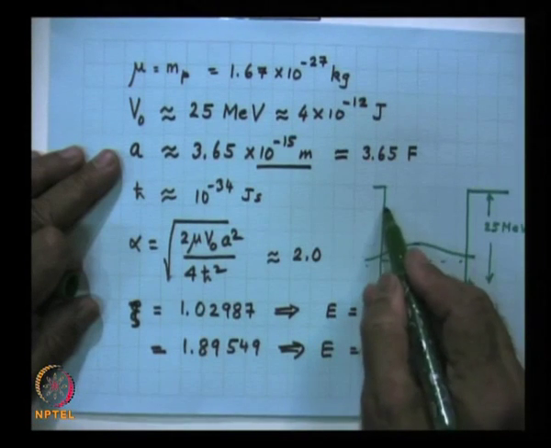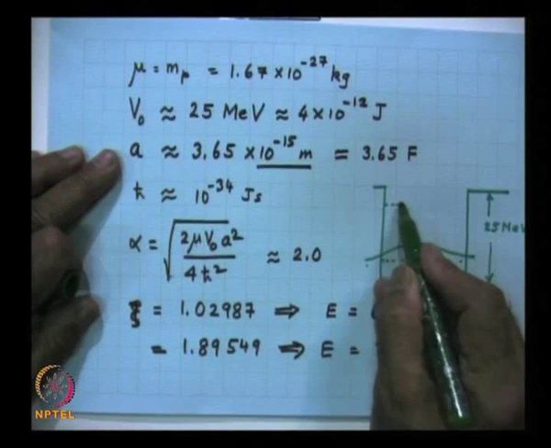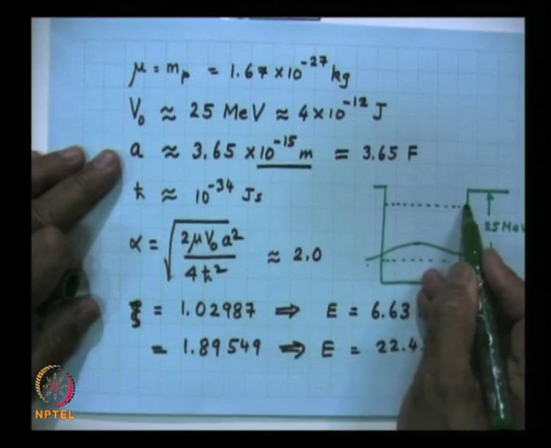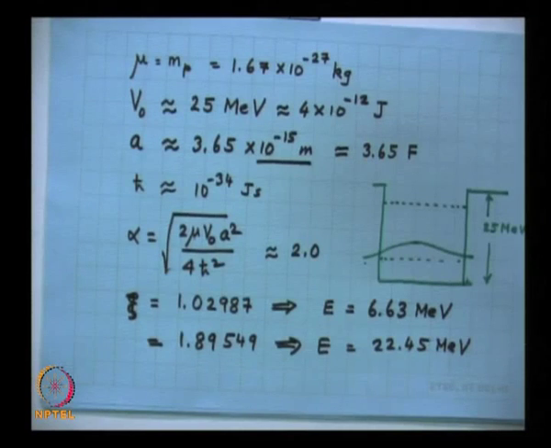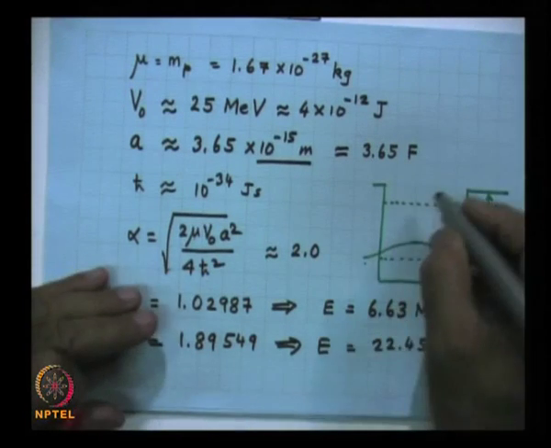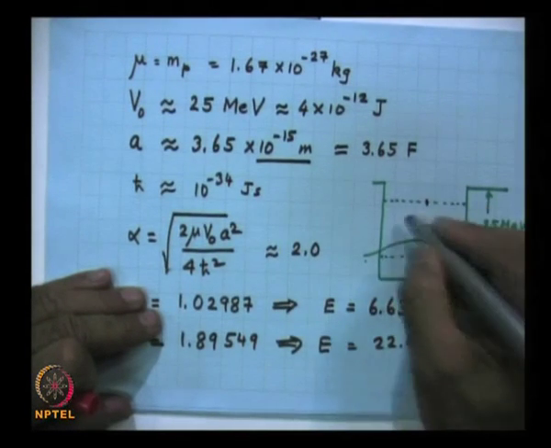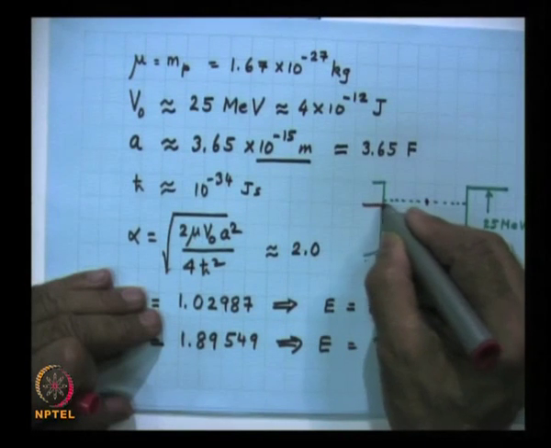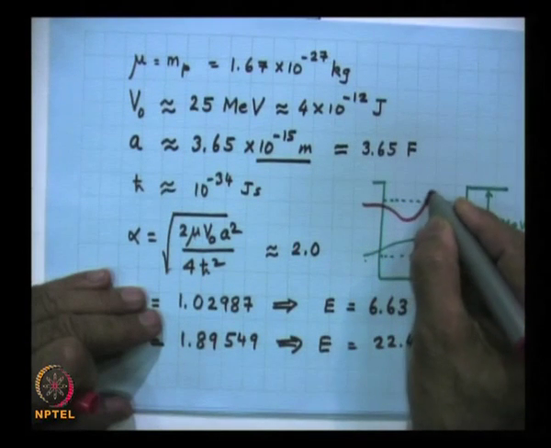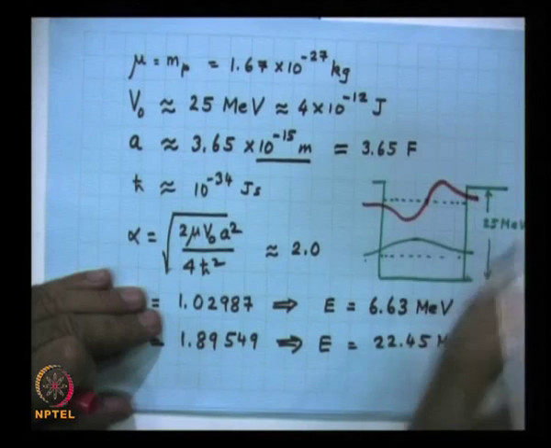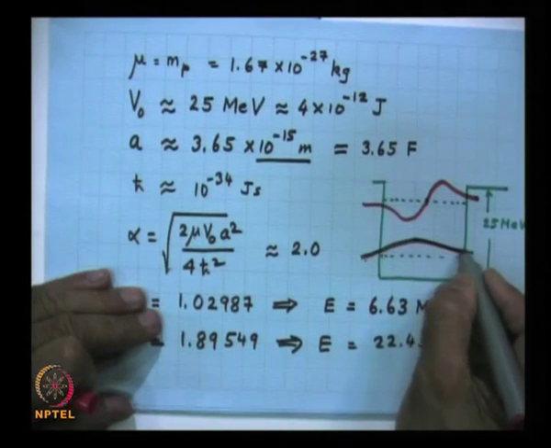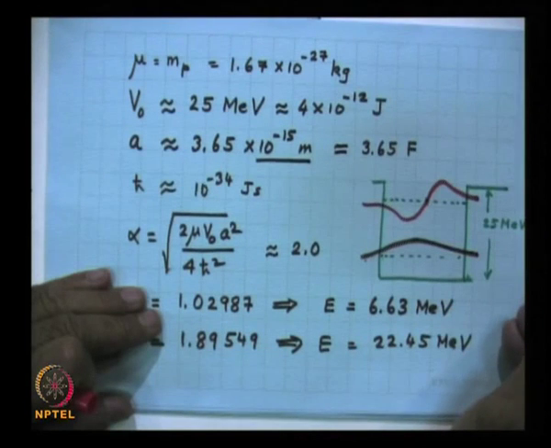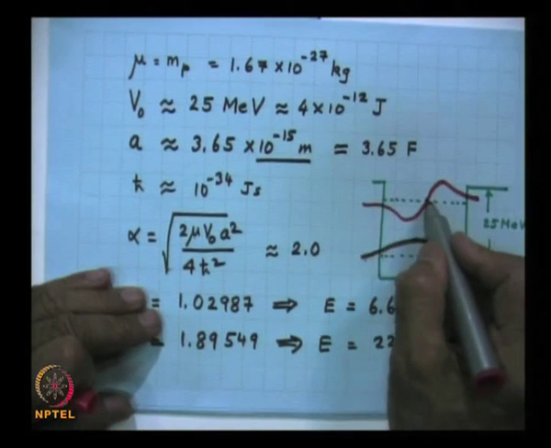And the second one, which is right at the top, has a value of about 22.45 MeV, and it will be an anti-symmetric solution. So, it will be 0 here and something like this. This is a symmetric solution, cosine inside and exponential outside, and this is an anti-symmetric solution.